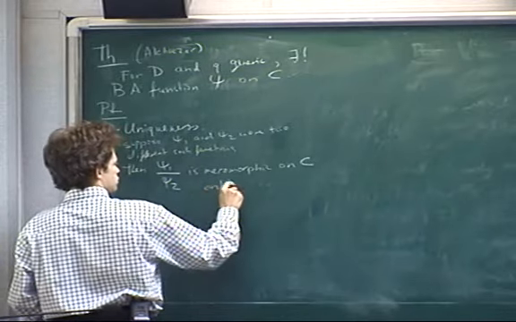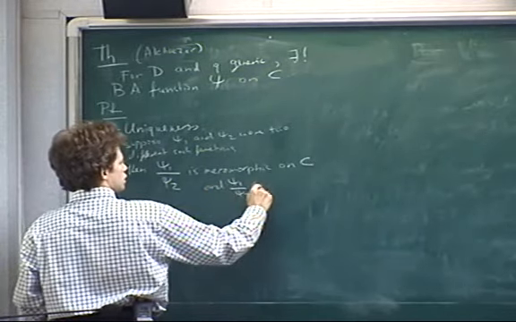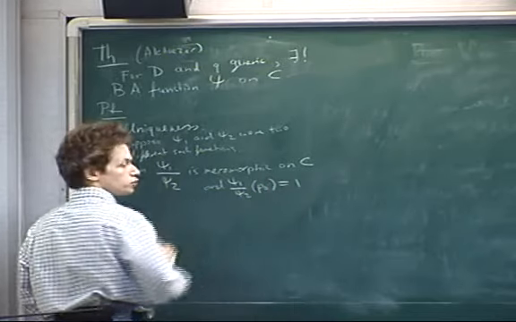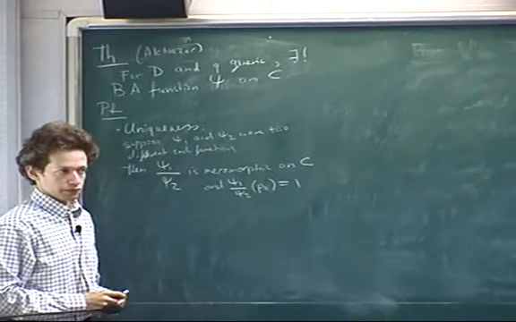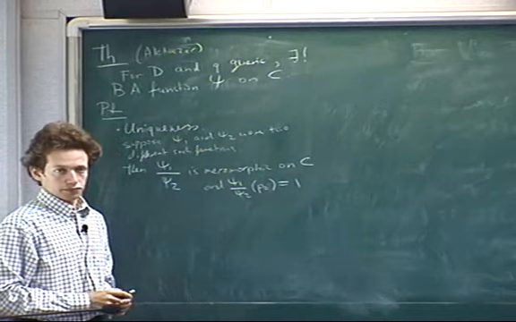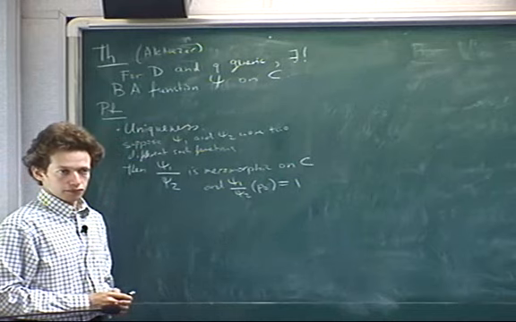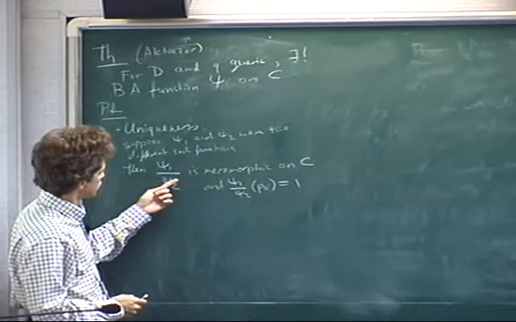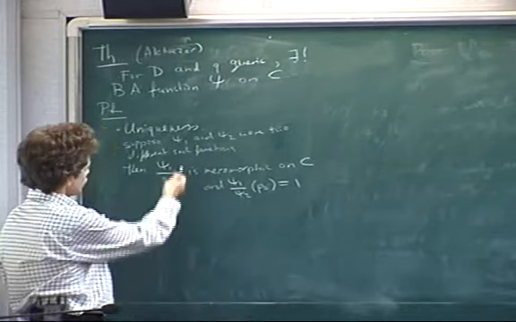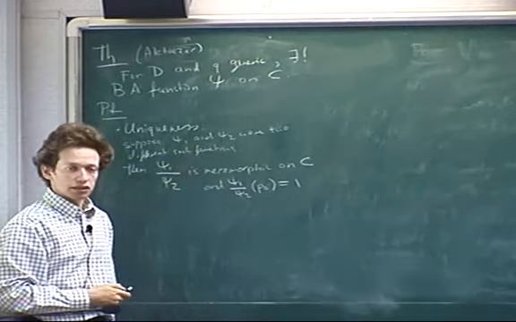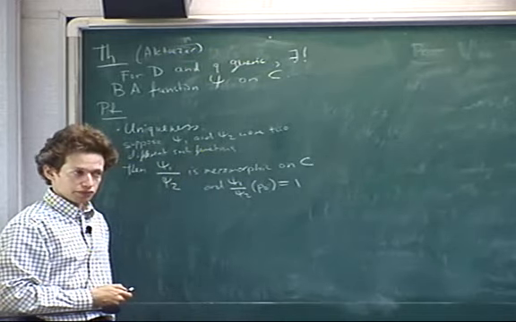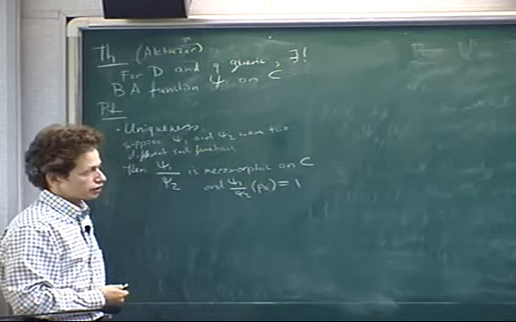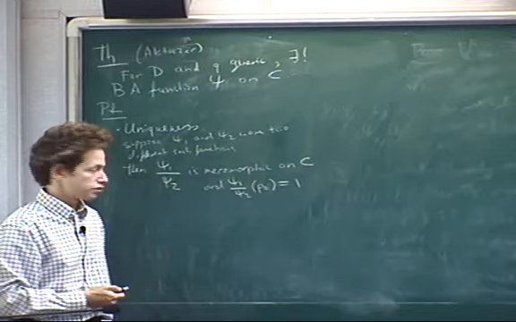And moreover, psi1 over psi2 at the point p naught is going to be equal to 1 because of our normalization. Where is this going to have zeros? Well, in poles, whatever poles we had at the divisor D will cancel. If you compute the degree, you will see that there are g other zeros floating around.